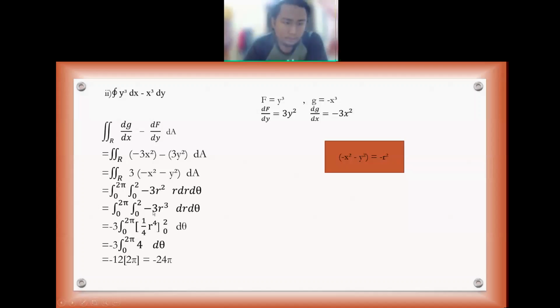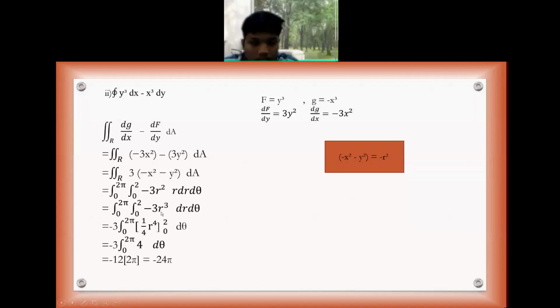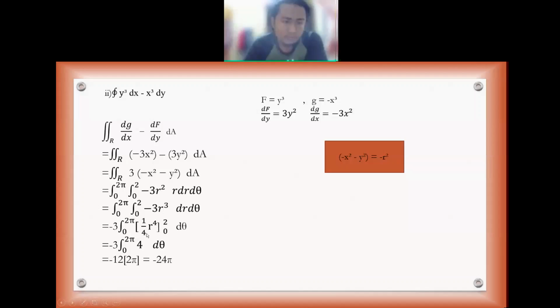Okay, so we integrate the r. We got 1 over 4 r to the power of 4 from limit 0 to 2. So the negative 3 we take out because it is a constant value. Okay, so when we integrate we got 4.